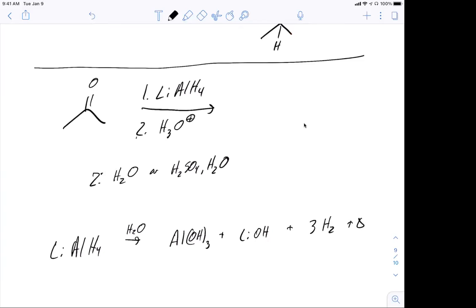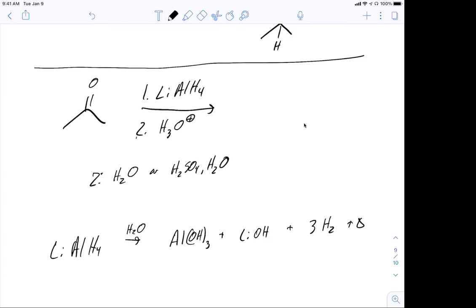So if we're producing hydrogen and heat, is this a reaction we want to be doing a lot? No. This one usually doesn't catch on fire, but it can, because I'm producing a flammable gas and I'm producing heat. So lithium aluminum hydride and water do not do a hydride reduction of the carbonyl. They just react with each other to give off hydrogen and some heat.